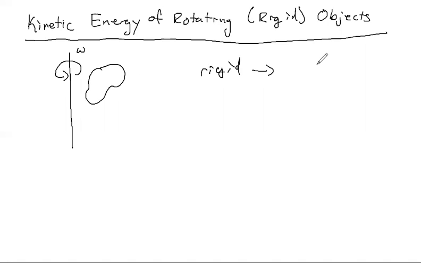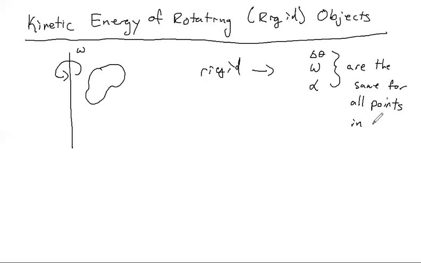And in particular, that's going to mean that omega, alpha, and also delta theta are the same for all points in the object. Okay, so the velocity may not be the same at every point, but the angular velocity will be the same at every point.